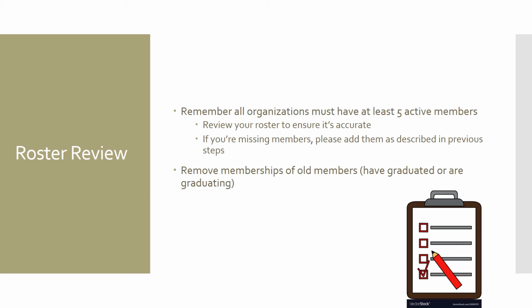Finally, make sure that you have at least 5 active members on your roster, not including your advisor. These are 5 active student members that are on campus and that can be accounted for in our Dillard student body.